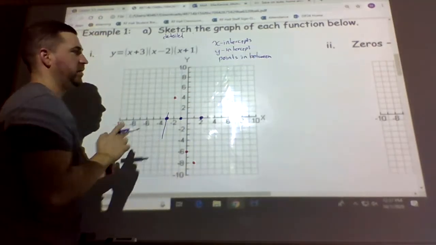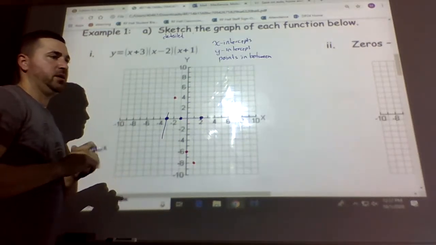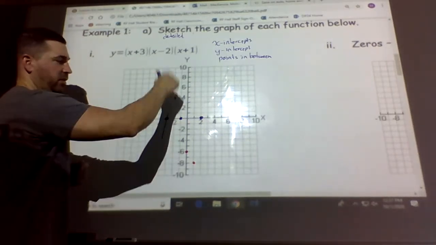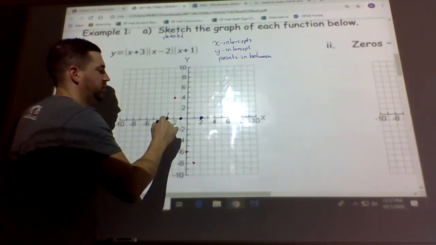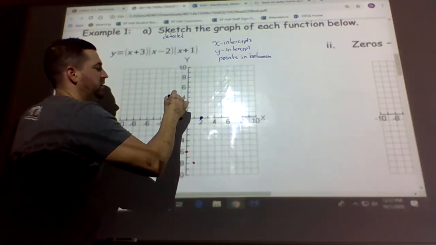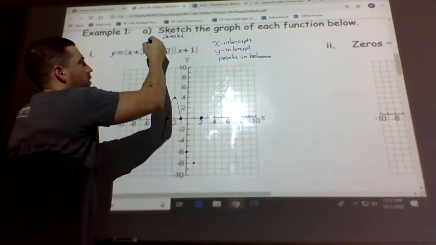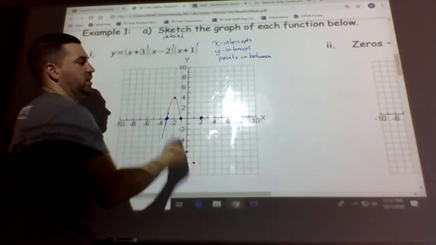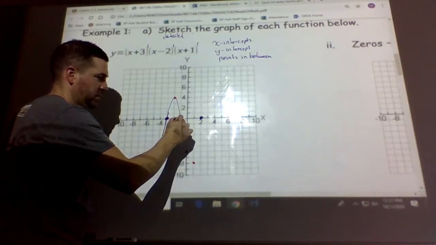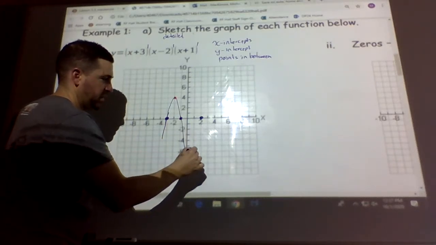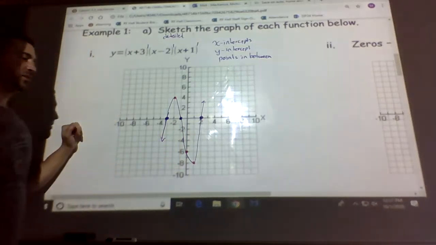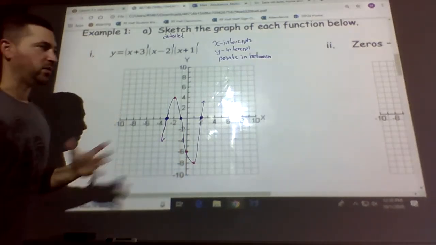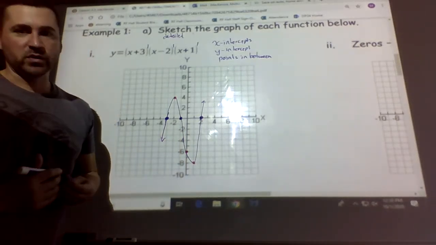So remember with odd order, we're going to cut through the x-intercept. So we cut through, we go up to this point, cut through again, because these are orders of 1. They're all 1, so we cut through the x-intercept, through this point, and then back up through this one, and then it continues both ways. So that would be your graph for the first one.